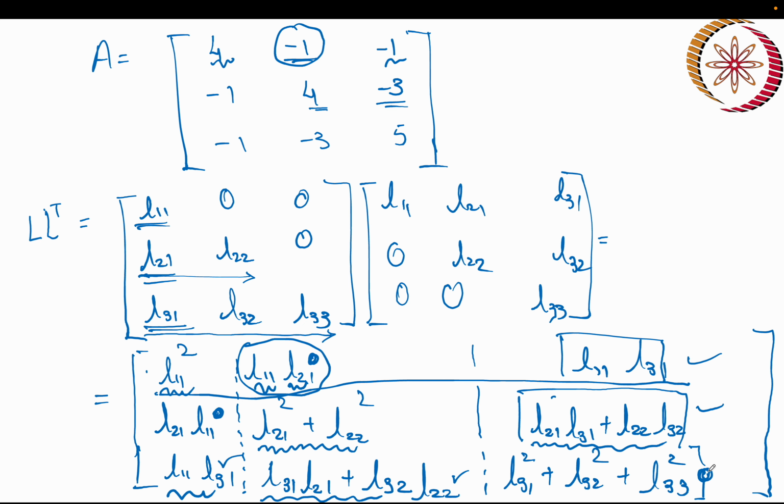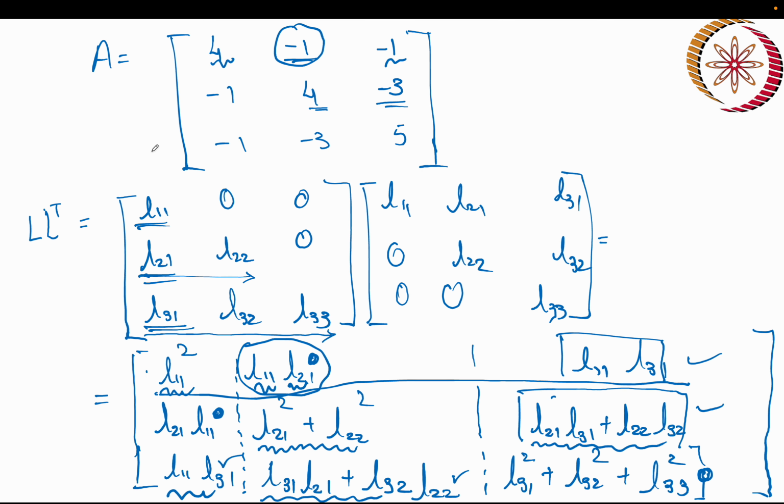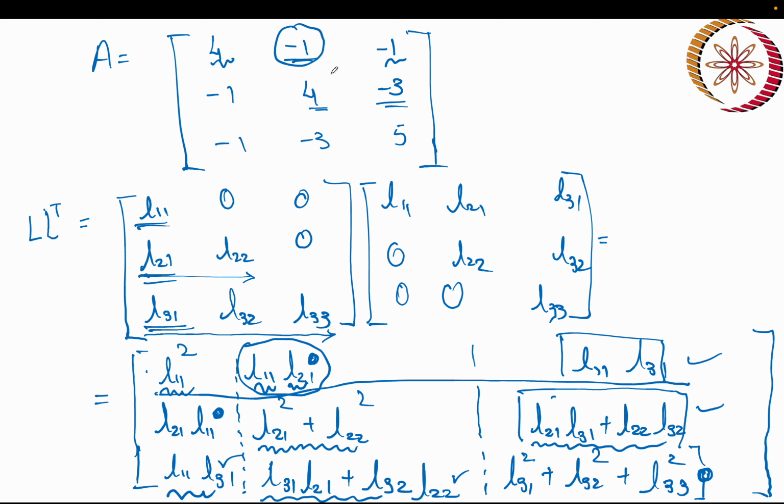We are almost close to the computation of this L matrix. So L31, L32, L33, all last row elements: L31 square plus L32 square plus L33 square is equal to 5.